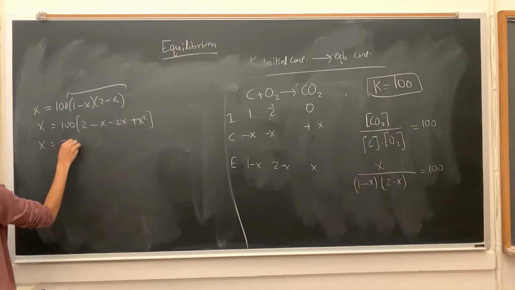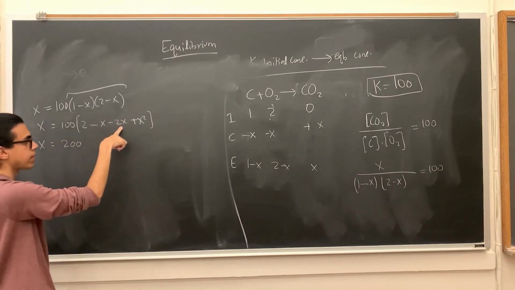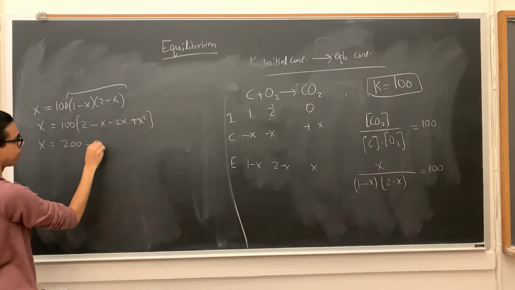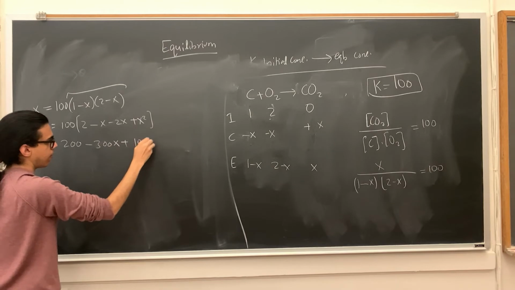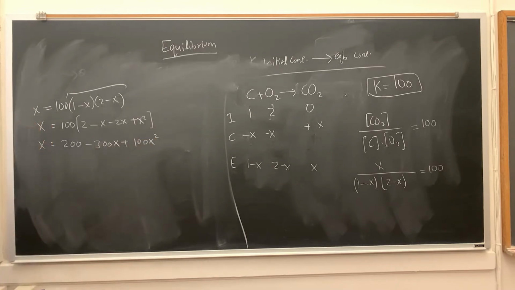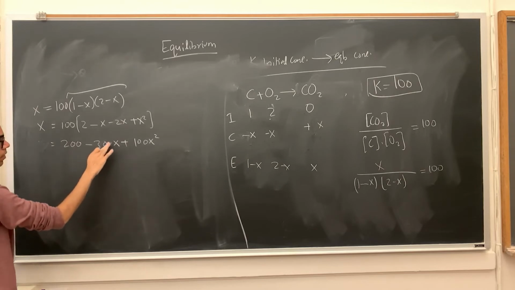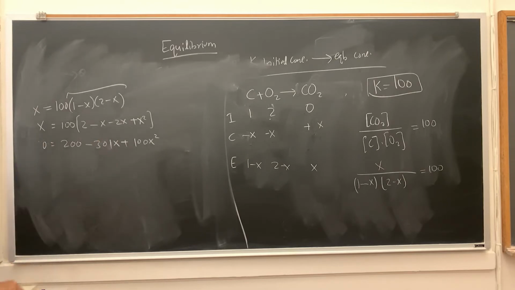So what is that? 200 minus x minus 2x is minus 3x, minus 300x plus 100x squared. Subtract x from both sides, so this becomes 301. Plug all of that information into the quadratic formula, and you're done.